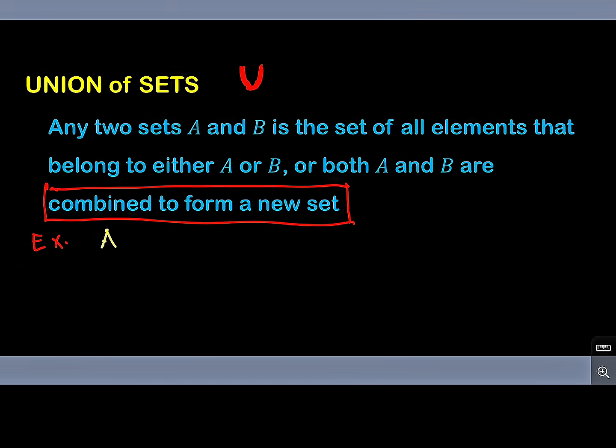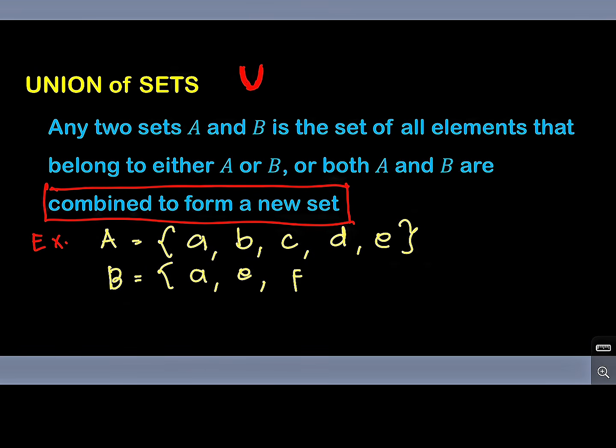Let's have an example. The set A has elements A, B, C, D, and E, and our second set, set B, has the following elements: A, E, F, and G. The union of the two sets A and B is all the elements coming from set A and B, but always remember, repetition is not allowed.